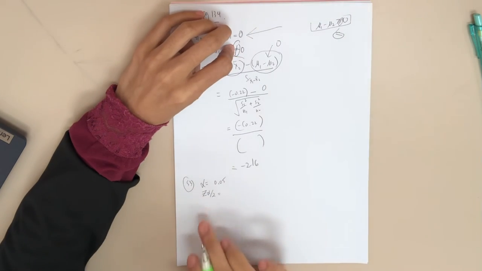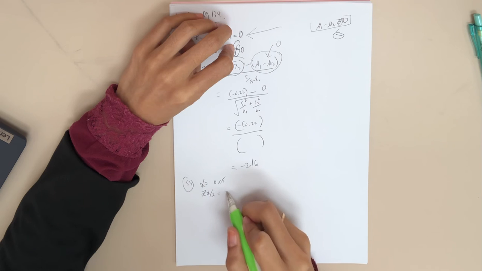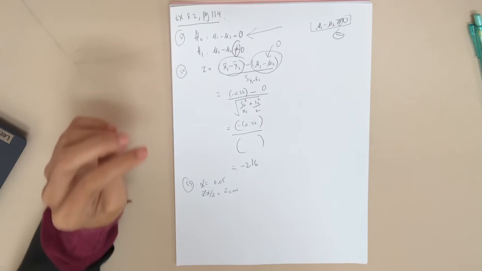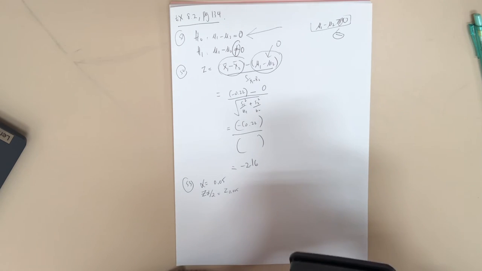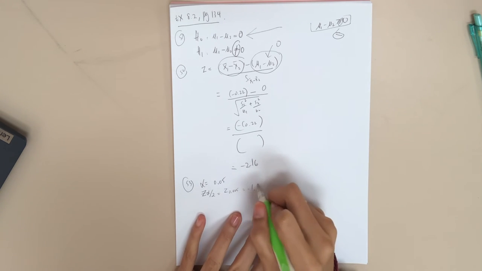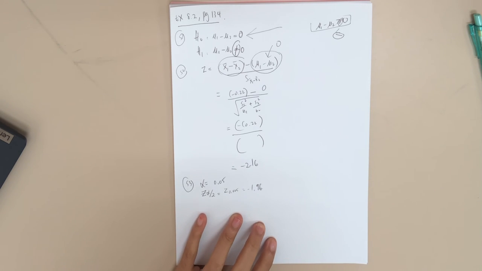So this equals Z 0.025, which is 0.05 over 2. Then by using the tables, Z 0.025 equals negative 1.96.